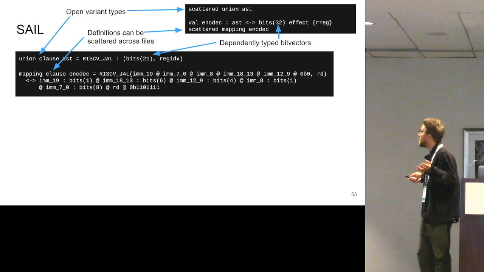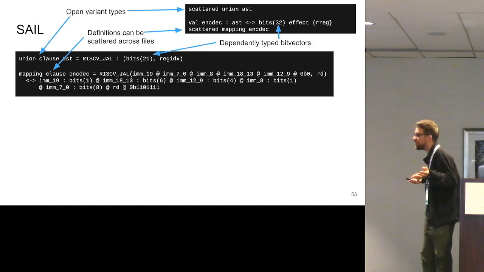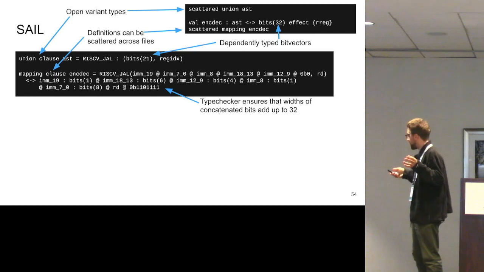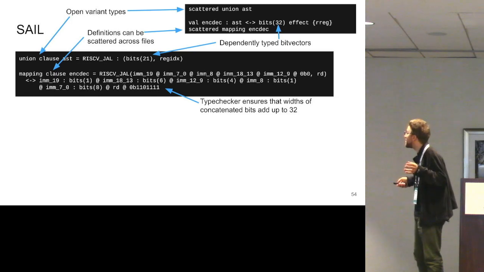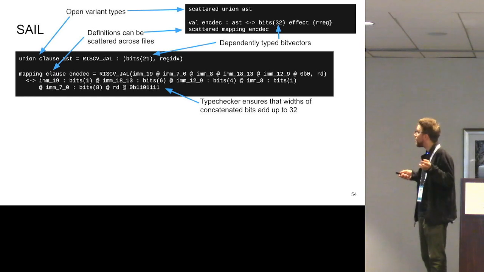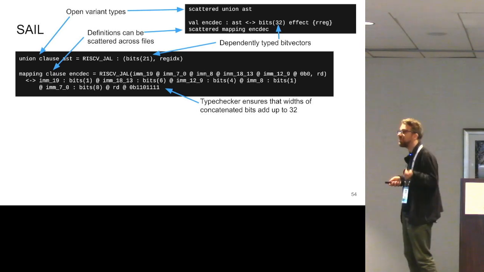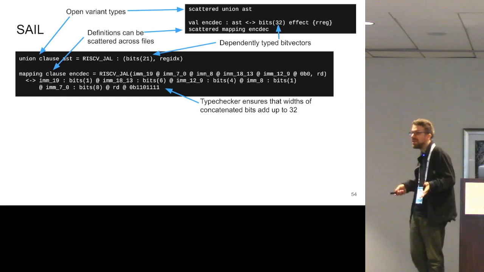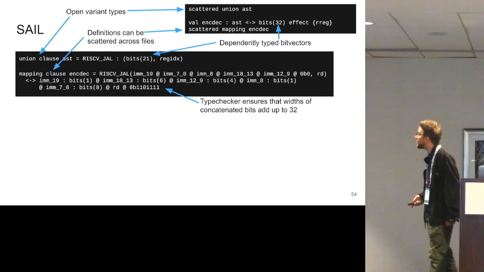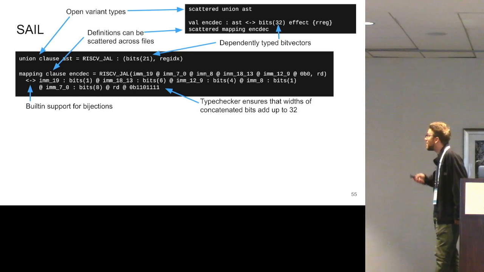And they have dependently typed bit vectors, and then an arithmetic solver that checks that these sizes add up. So for instance, here, all these numbers actually add up to 32, and the type checker of Sail will invoke a solver to verify this for you, which of course will catch some errors that in our case will not be caught. And you have built-in support for bijections, also very cool.